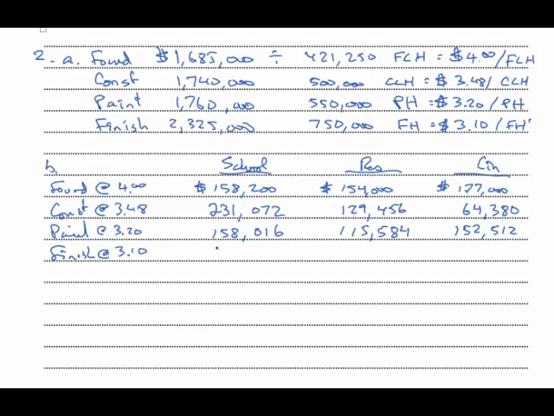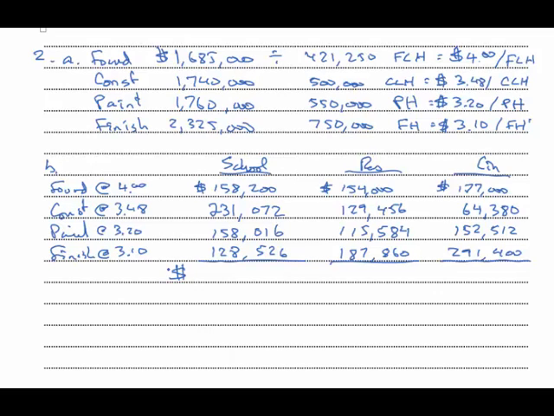And then finally, finishing at $3.10 per hour. We've got 41,460 finishing hours in the school, so you get 128,526. 60,600 times 3.10 gives you 187,860. 94,000 finishing hours times 3.10 gives you 291,400 for the cinema.